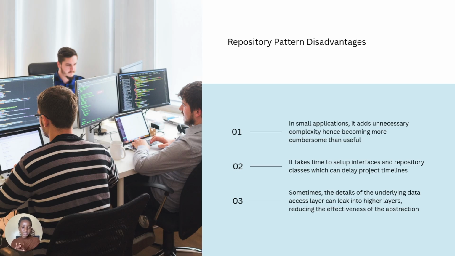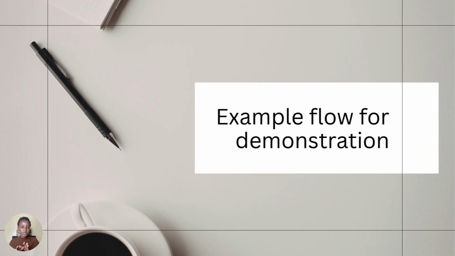So the next part is I want us to go through an example flow for demonstration. But before we do that, as you've seen, the factory and repository. I've actually done a video on this before when I was doing the domain-driven design course, so I'm going to attach the video so that you look at it. But I was mostly focused on theory. I was mostly focused on people understanding the concept and less the code.